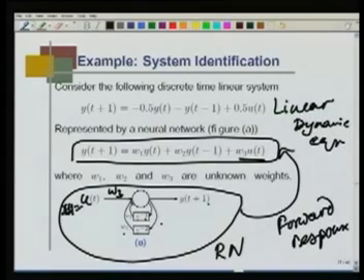So, this is my recurrent network, and the activation function f here is linear.